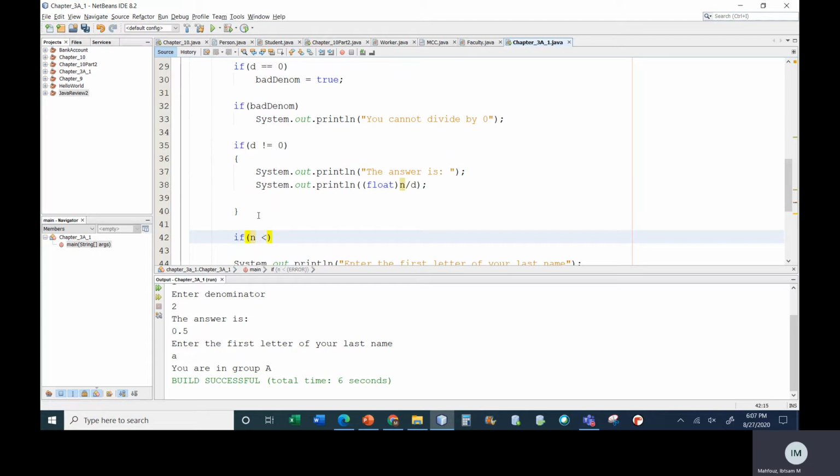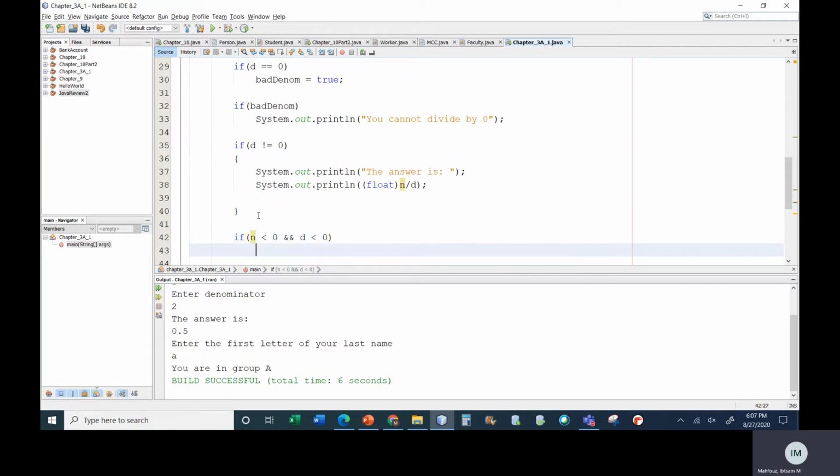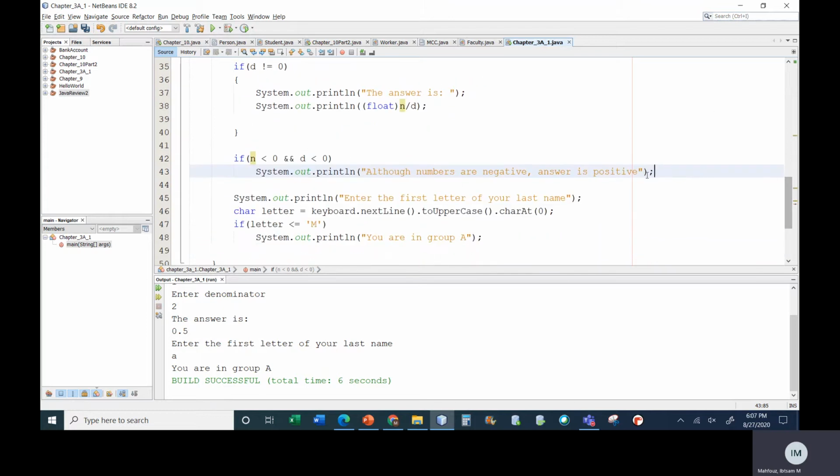If the numerator is less than 0 and the denominator is less than 0, then I will say System.out.println, "although numbers are negative, answer is positive." This statement will only get printed if both the numerator and the denominator are negative.